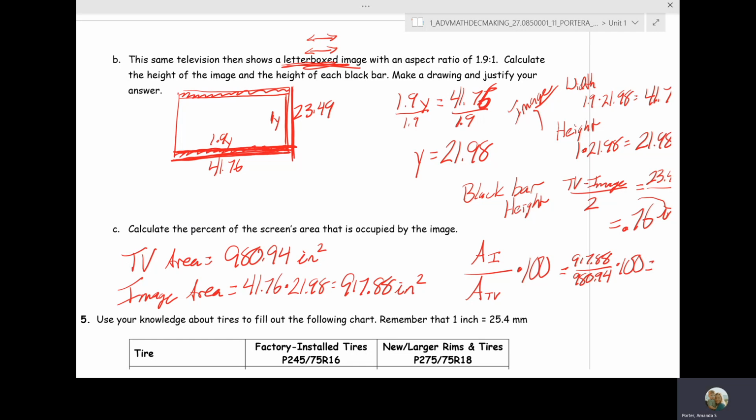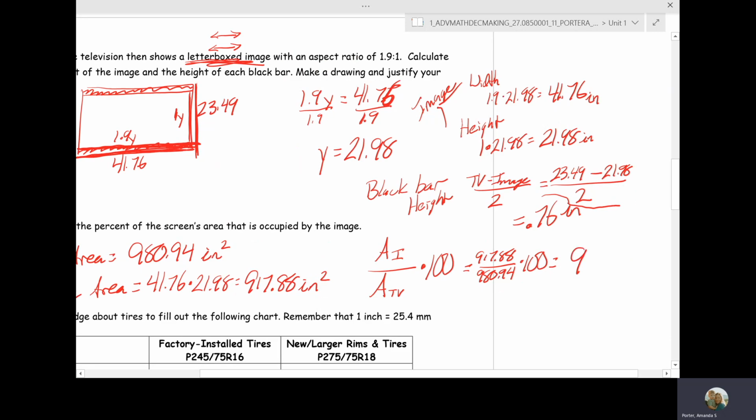Oh, sorry, I just typed in the very wrong thing, so let me try that again in my calculator. It's going to be much better. All right, when you multiply by 100, you get 93.57%.